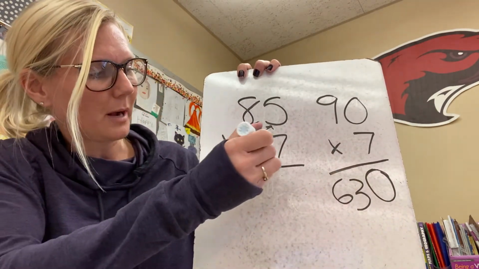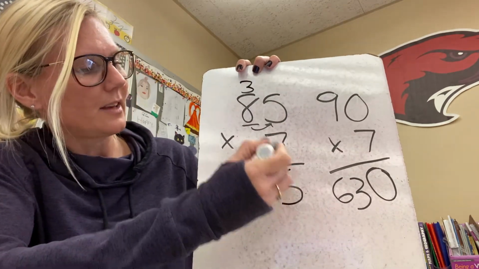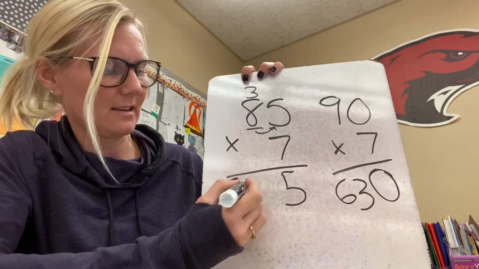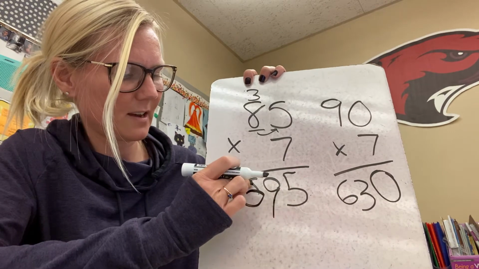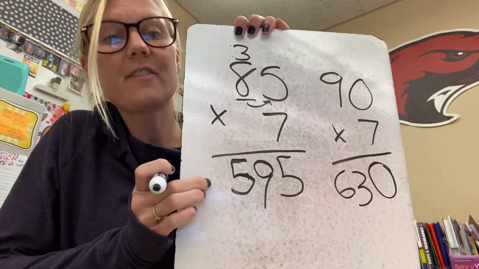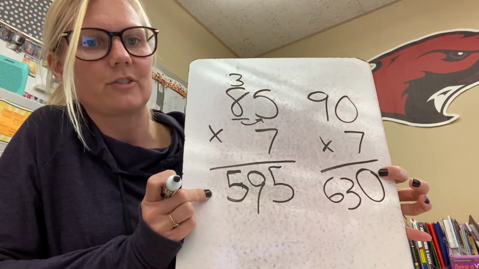Then let's do our actual problem. 7 times 5 is 35. 7 times 8 is 56, 57, 58, 59. Ugh, gosh, it's hard to write sideways like this. 595. Okay, now let's double check. 595 is pretty close to 630.